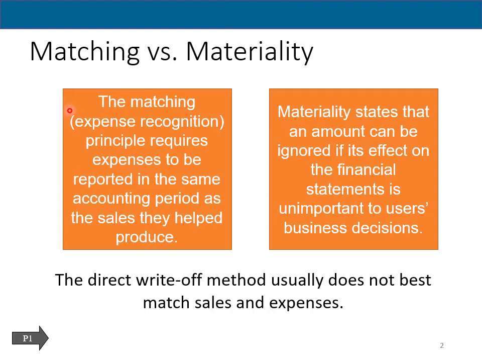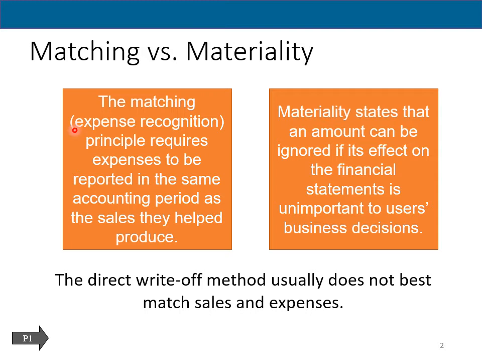All right. So the idea is that when you make a credit sale, there's a risk of non-collection and there's an expense. If you make enough credit sales, you're never going to collect all of the amounts owed. So there's an expense associated with bad debts, the risk that some people that owe your business will not pay.